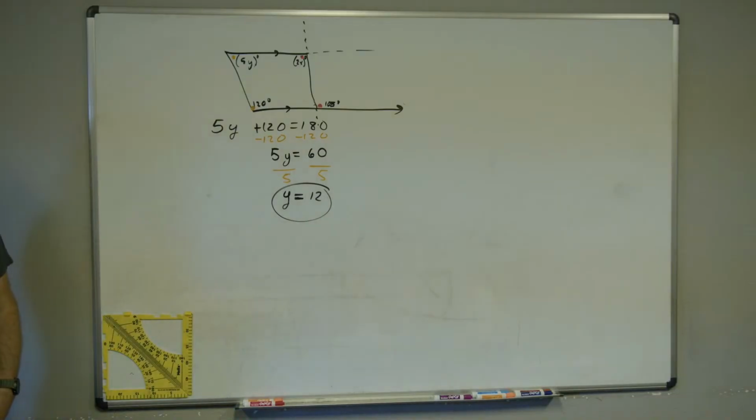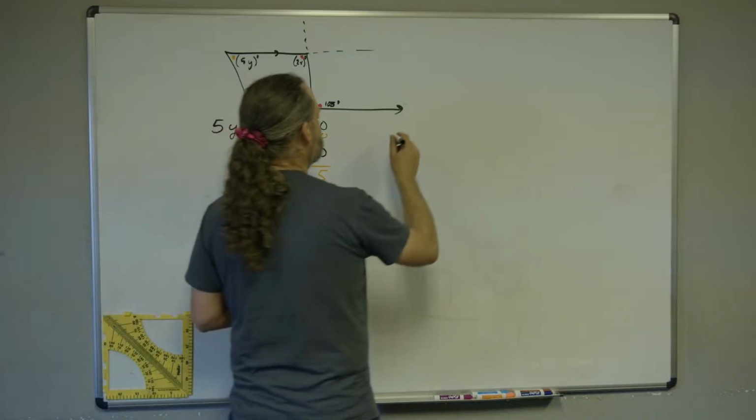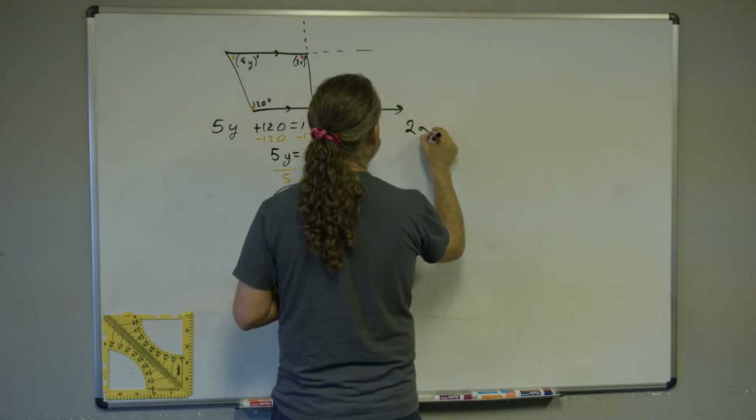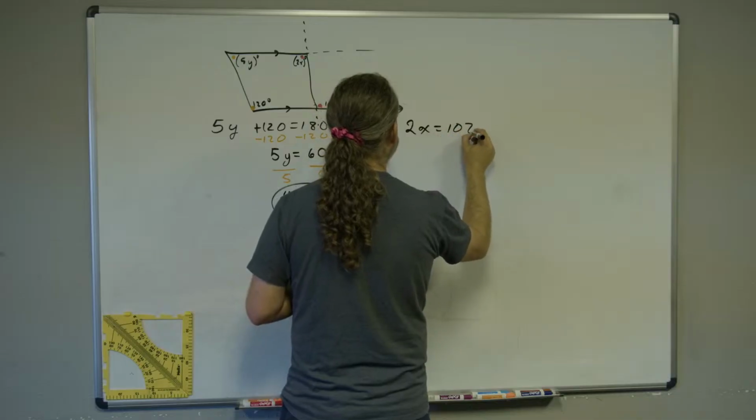They're not supplementary. They're congruent. What does congruent mean? They're equal. So what is that equation going to look like? 2x equals 108. Now what?